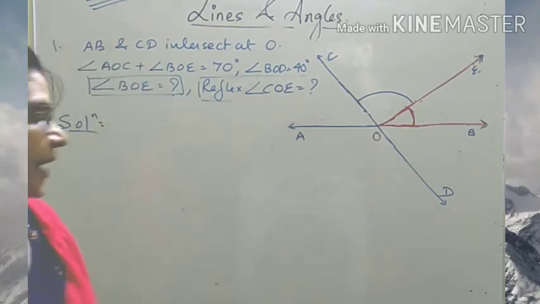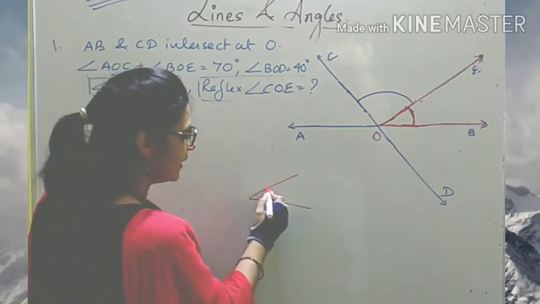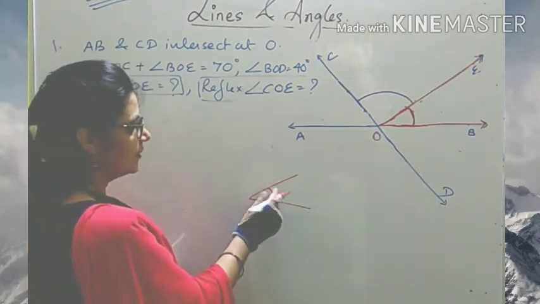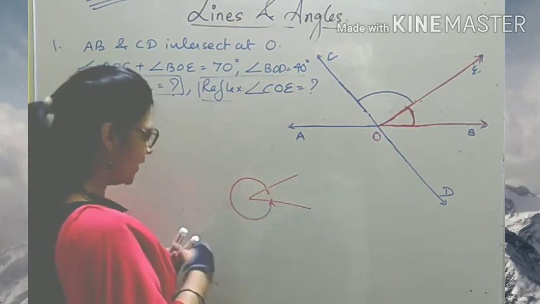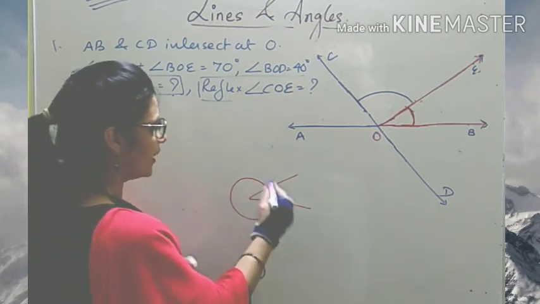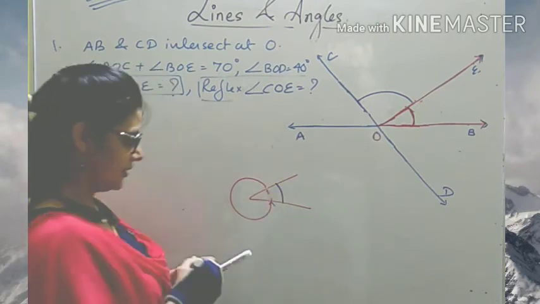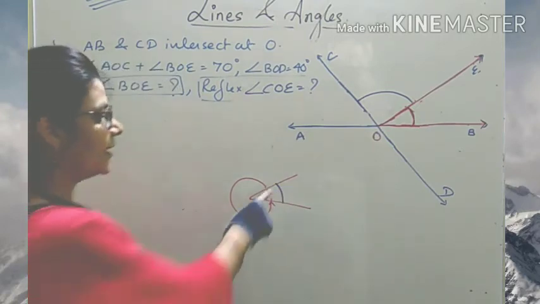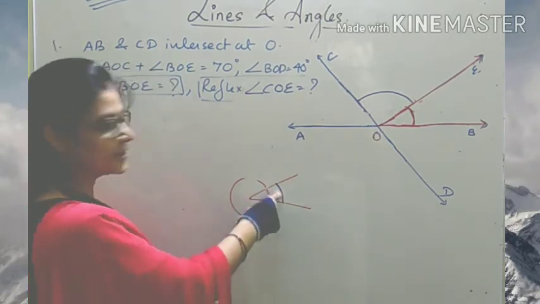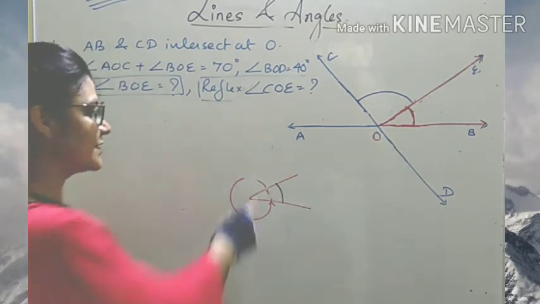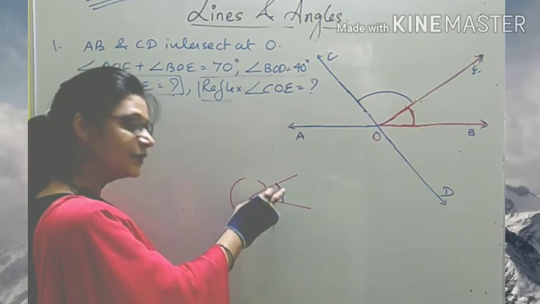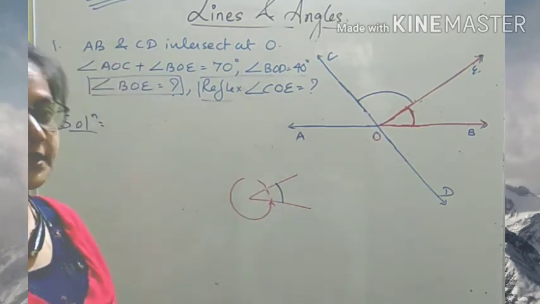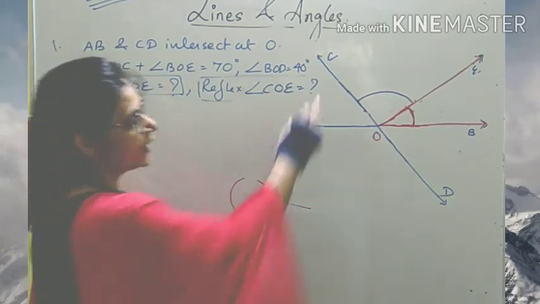तो जब reflex निकालना है, अगर इस एंगल का रिफ्लेक्स निकालना है, तो पहले what we have to calculate? We have to calculate this angle. जब ये निकलेगा तो 360 minus this will give you the reflex angle. This reflex angle we will get after subtracting this angle from 360 degree. तो यहाँ हमको क्या निकालना है?